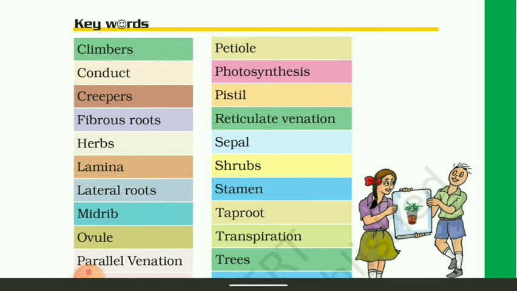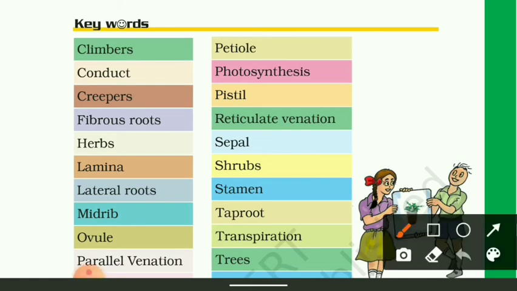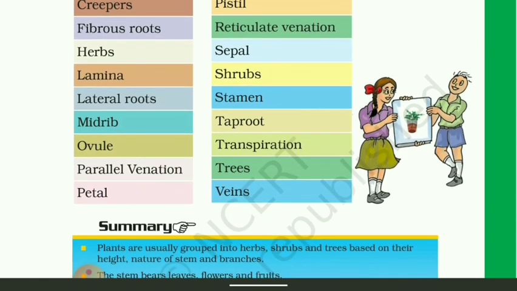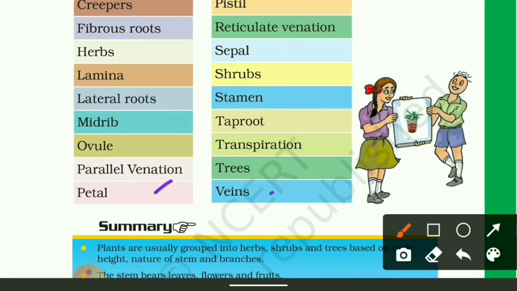So, these are keywords of this chapter: climbers, conduct, creepers, fibrous roots, herbs, lamina, lateral roots, midrib, ovule, parallel venation, petiole, photosynthesis, pistil, reticulate venation, sepal, shrubs, stamen, taproot, transpiration, trees, petal, veins.